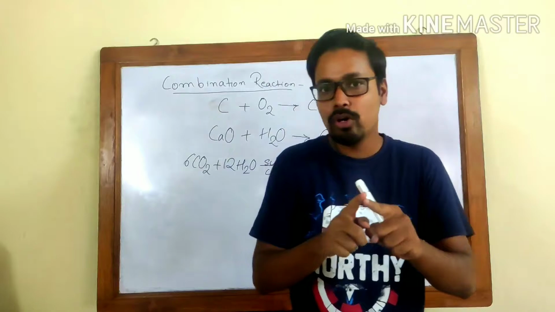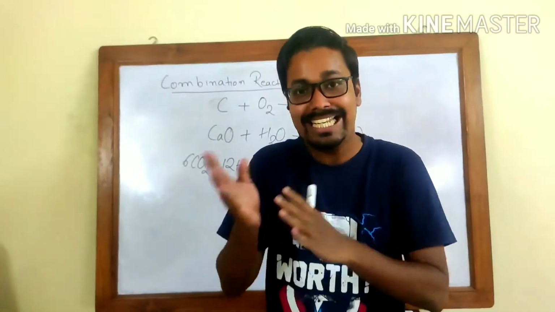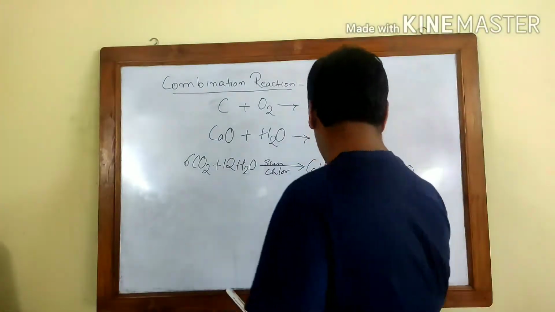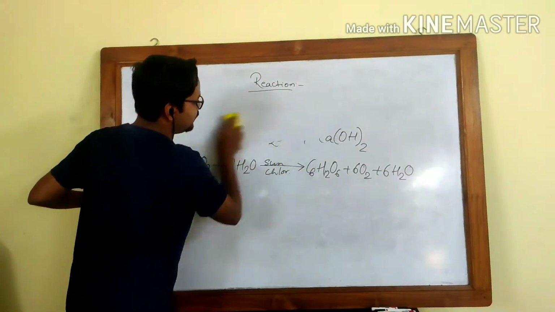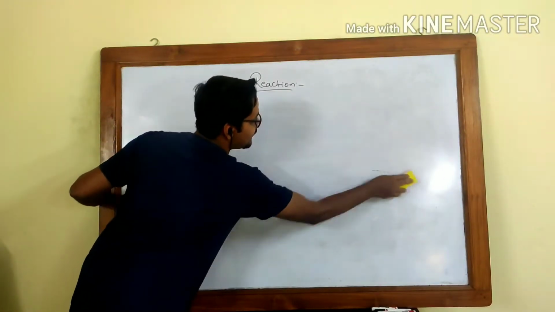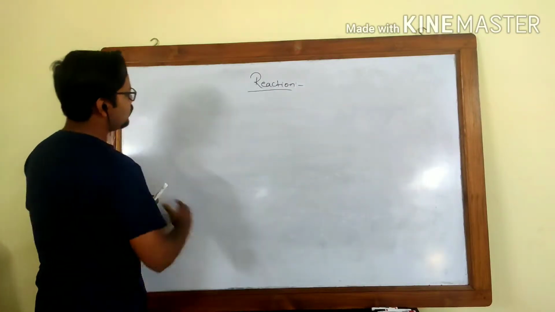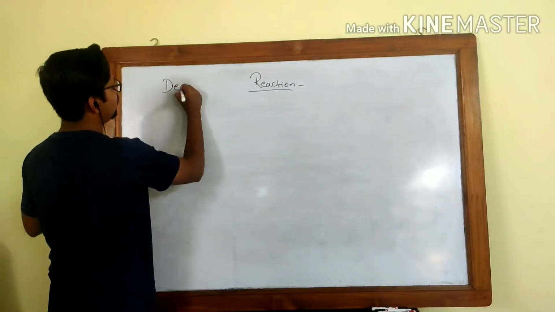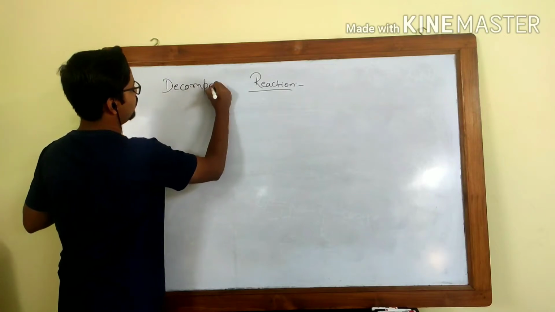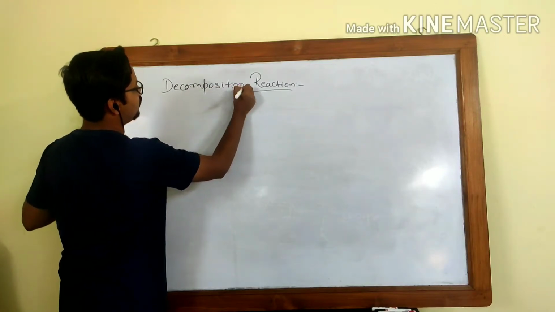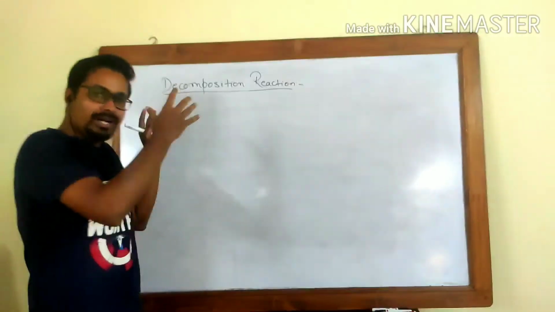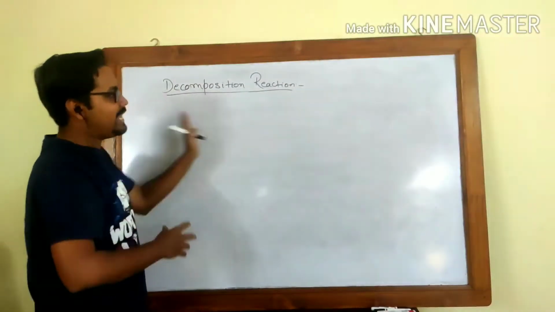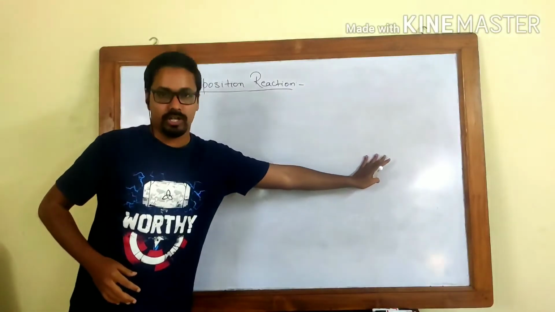Okay, then we move on to the second type of reaction, that is the decomposition reaction. Decomposition means breaking down. Here we will have one single reactant which is breaking down to give multiple products.